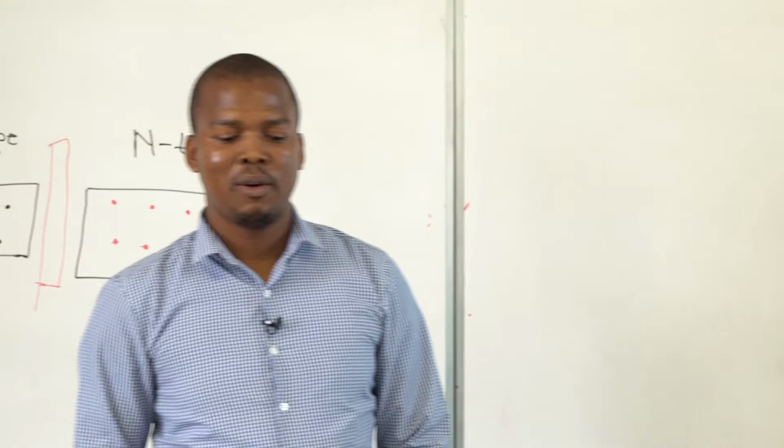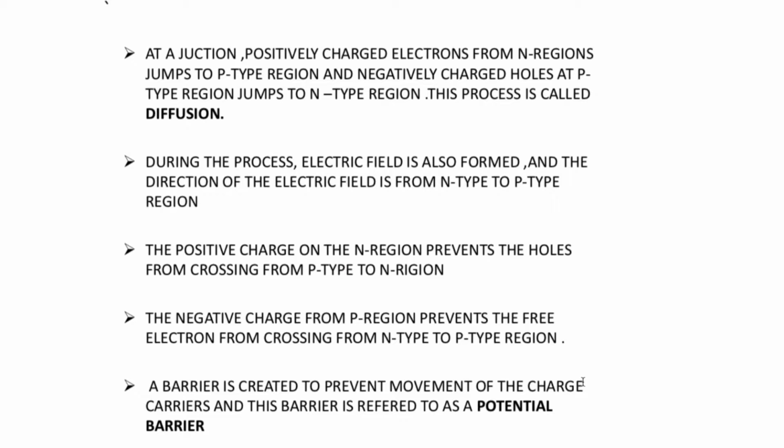Going forward with our lesson, at a junction, negatively charged electrons from the N region jump to the P-type region, and positively charged holes at the P-type region jump to the N-type region. This process is called diffusion.